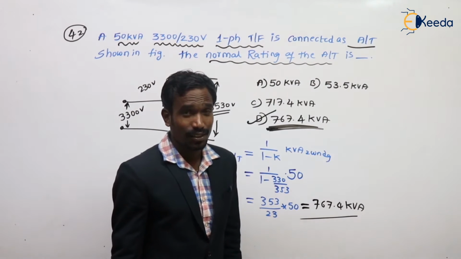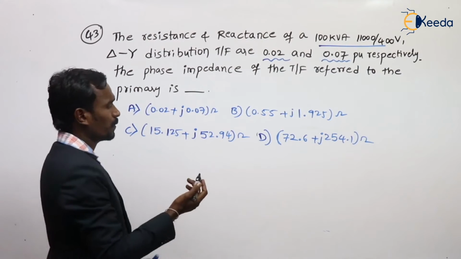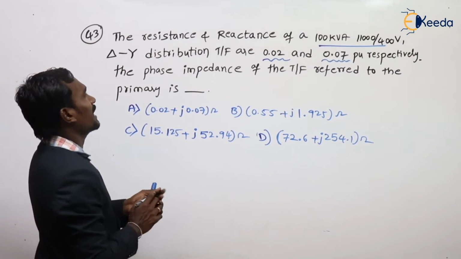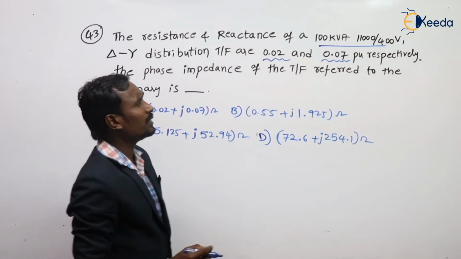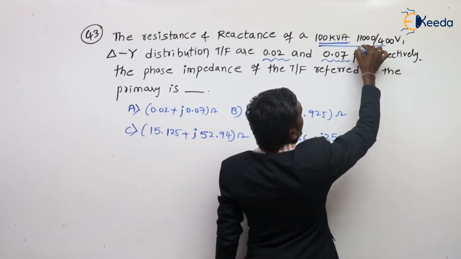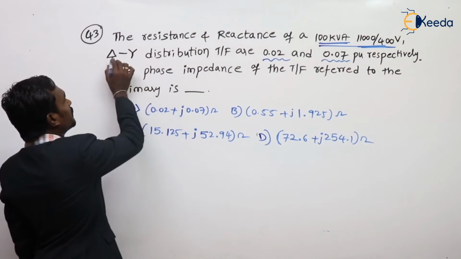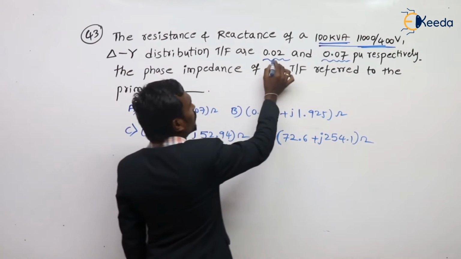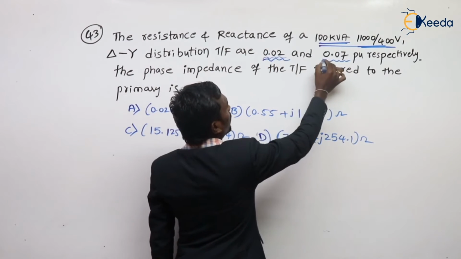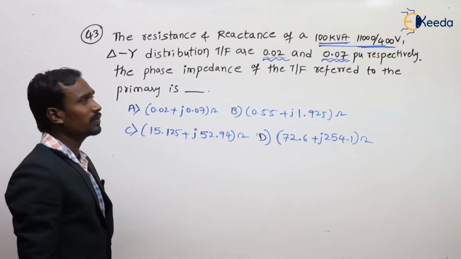Right? Got it? See this problem in this video. The resistance and reactance of a 100 kVA, 11,000 by 400 volts delta star distribution transformer are 0.02 and 0.07 per unit respectively.